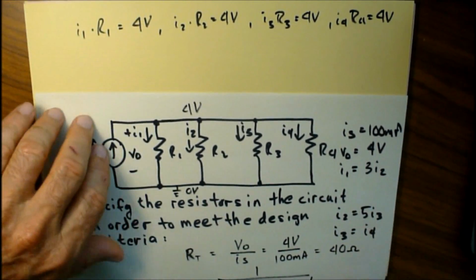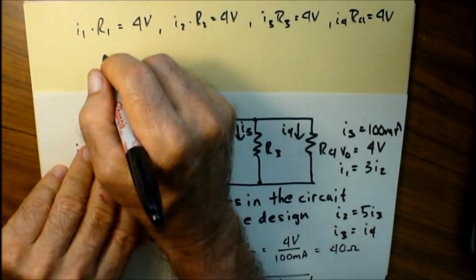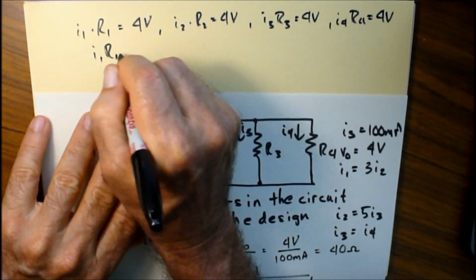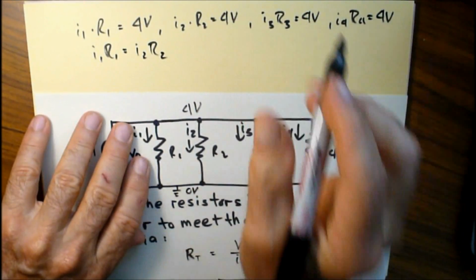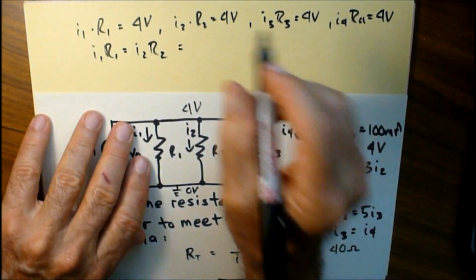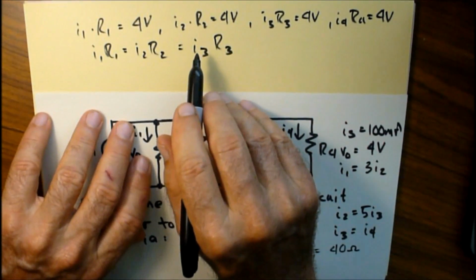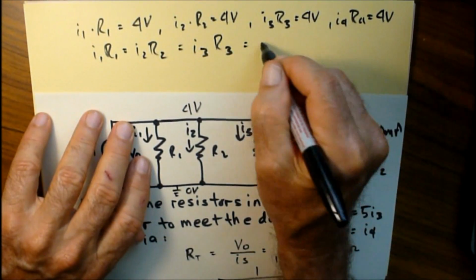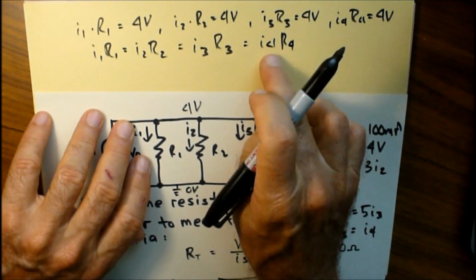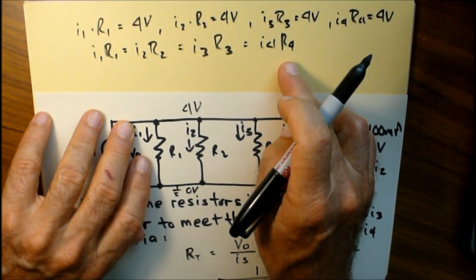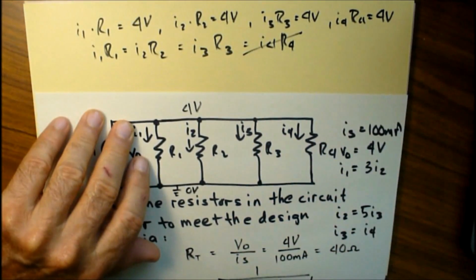They're all equal to 4 volts, but more importantly, we have I1 R1 is equal to I2 R2, and it's also equal to I3 times R3. Now, we could add I4 R4, but there's no point because we know these 2 resistors are going to be the same and these 2 currents are going to be the same. So let's just ignore that.